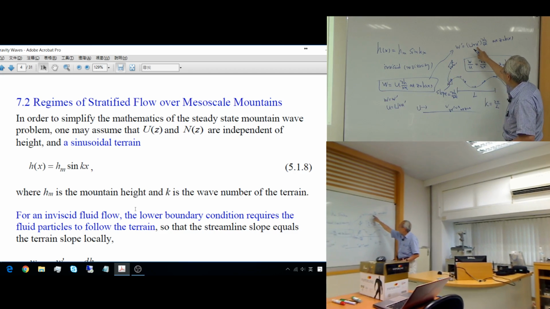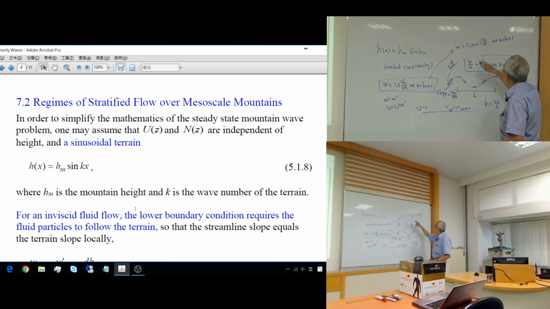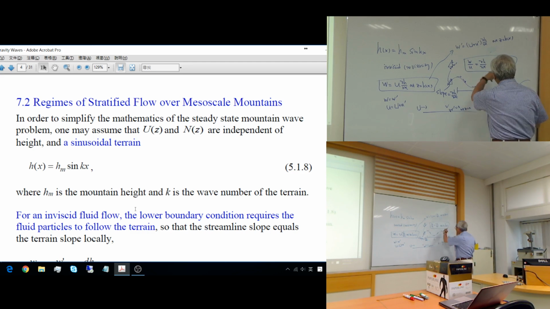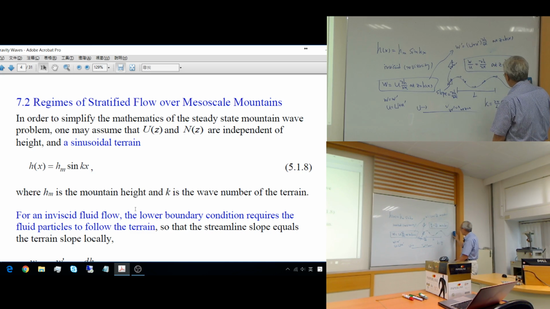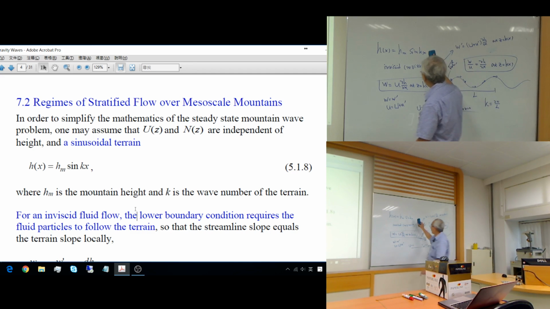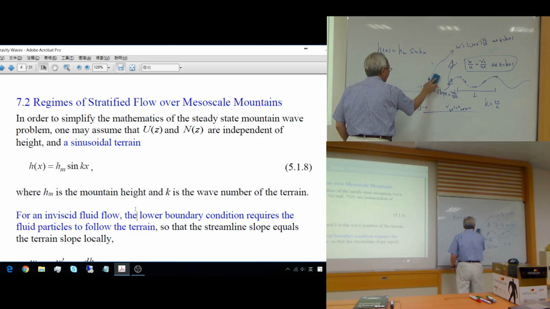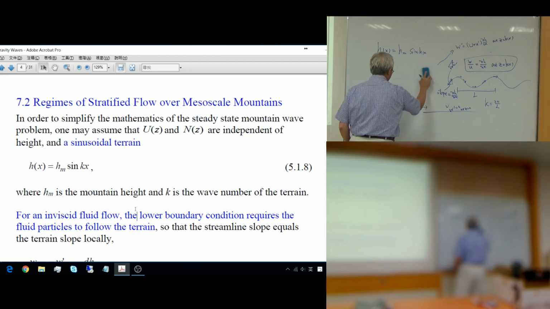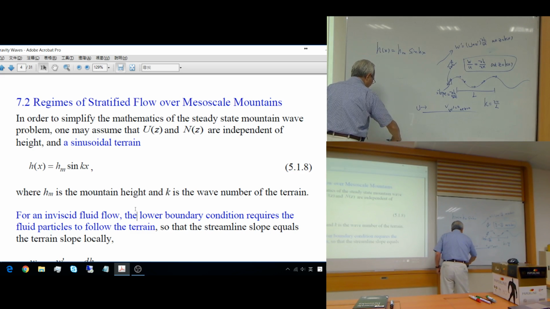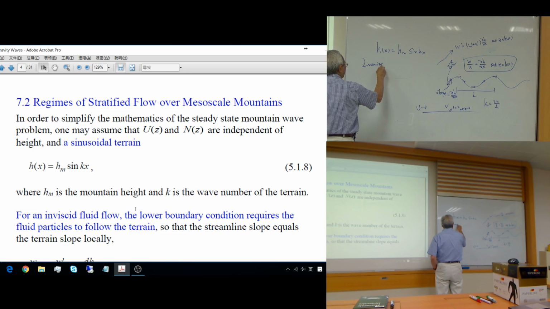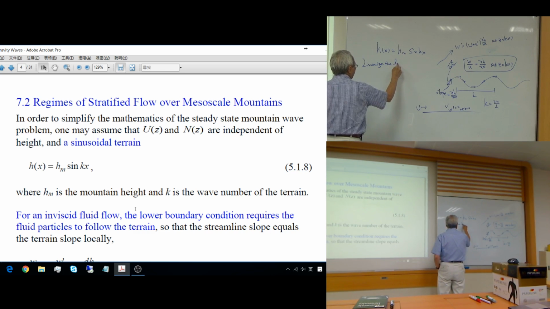We ignore this one. So we assume, I guess I can get rid of this now. Maybe I can get rid of it here. Okay, so now we have this. So we linearize the lower boundary condition.